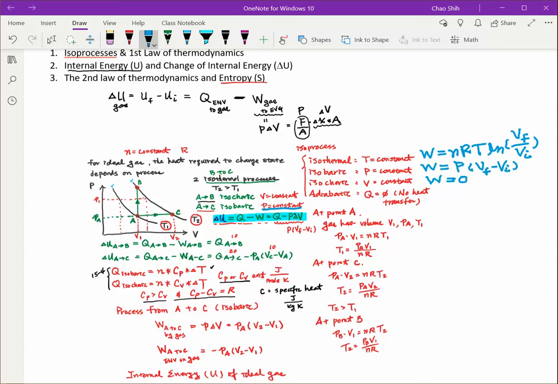The T is the temperature, and because you change from one state to another and the temperature is constant, it doesn't matter which temperature, it's the same temperature anyway, times the change of volume.